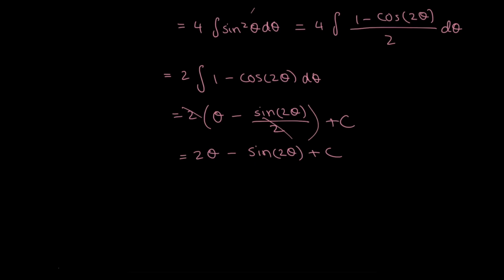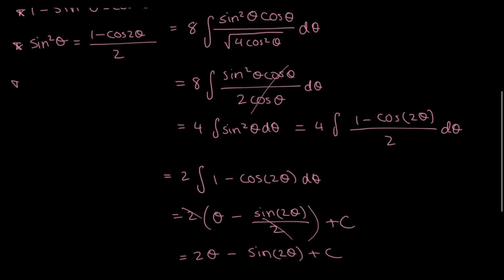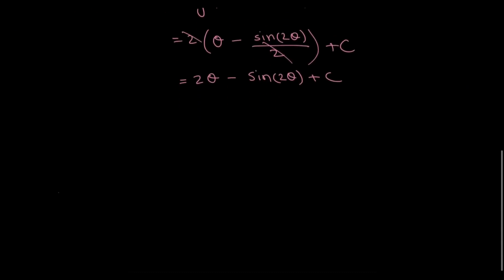One more identity that we're going to be using is that sine 2 theta is equal to 2 sine theta cosine theta. So lots of trig identities, but they're manageable. So that 2 theta doesn't change, minus 2 sine theta cosine theta plus c.